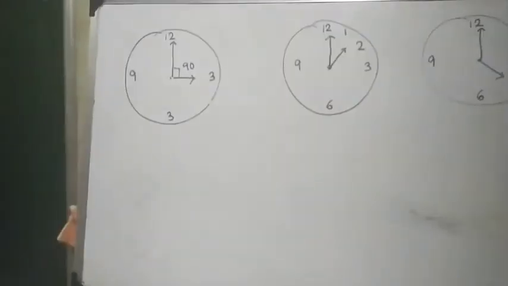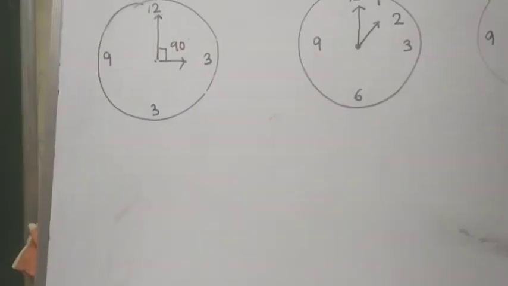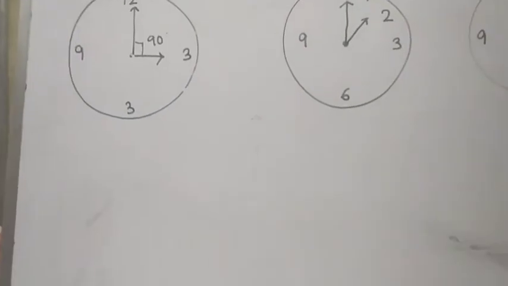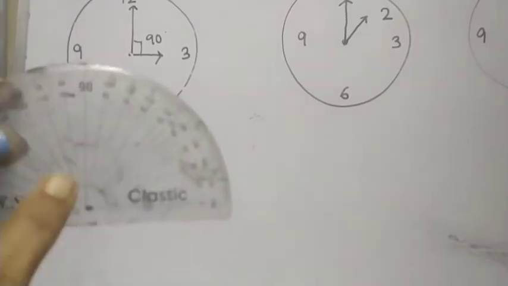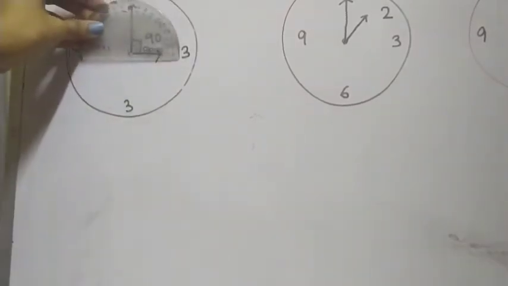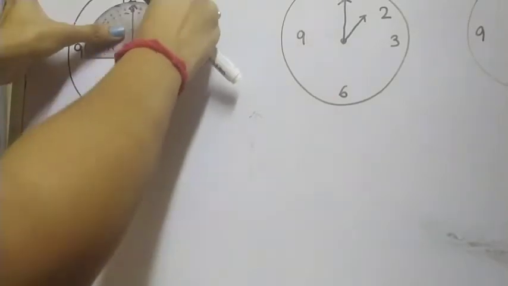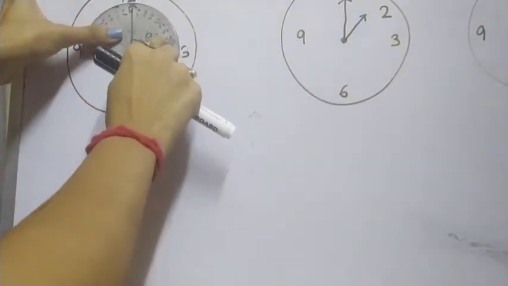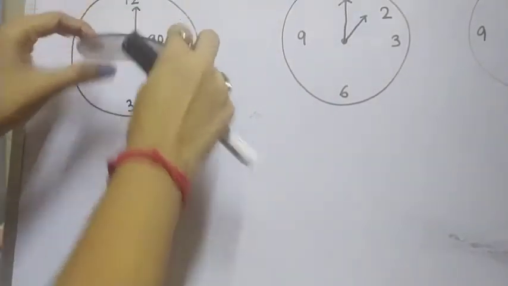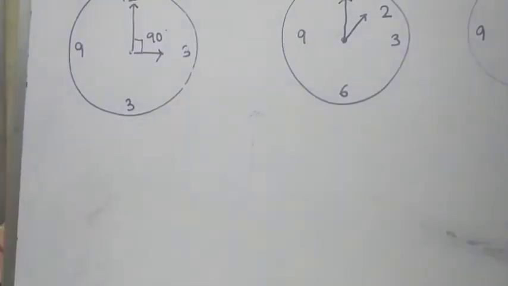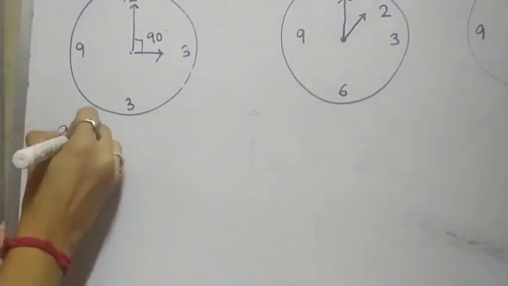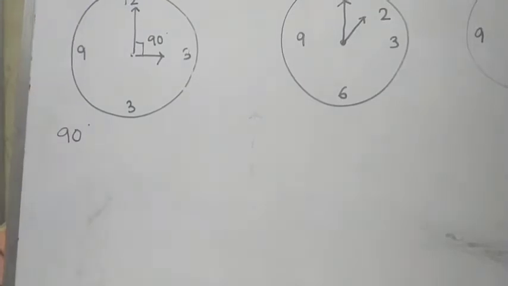I am again showing you this measurement. You can see I am putting this baseline here along 3, and again I am starting to measure from 0, 10, 20, 30 like this. I am getting 90 degree, the angle between 3 and 12.